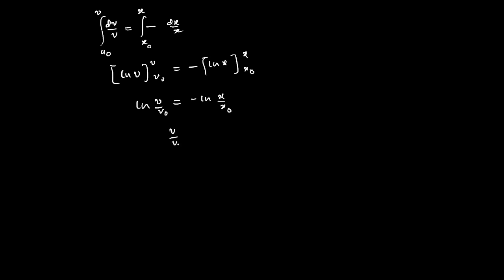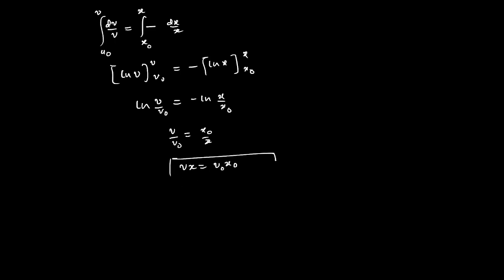So we have the integral of 1 by v giving ln v between v naught and v, and ln x between x naught and x. So ln of v by v naught equals ln of x naught by x, just simplification. So vx equals v naught x naught.